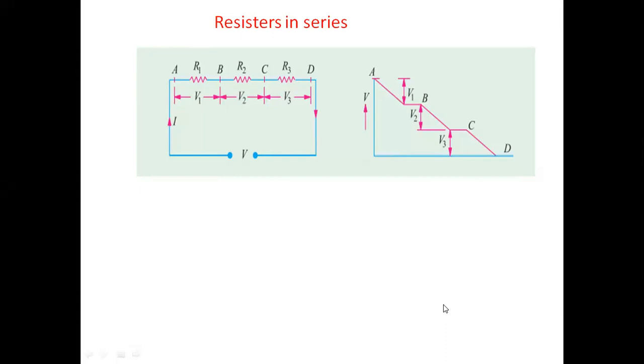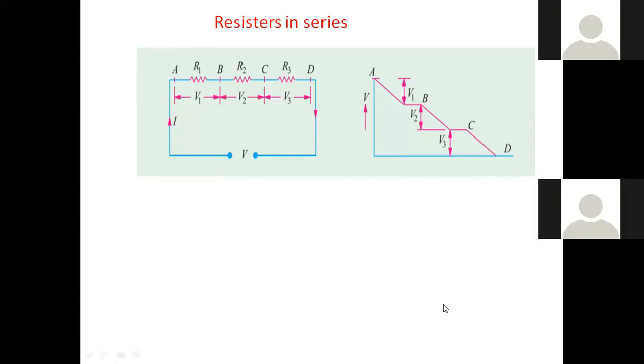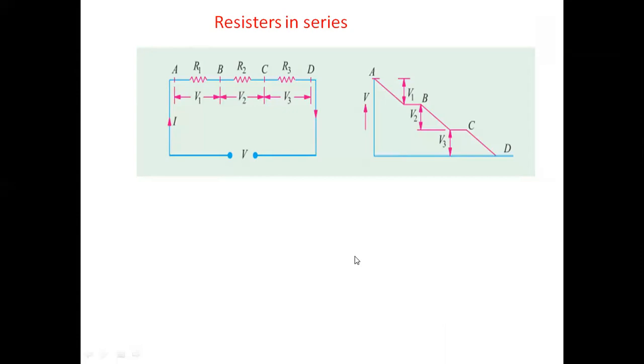In the previous class, we saw the statement of Ohm's law. The ratio of the potential difference across a resistor or a wire to the current through the resistor is a constant, when the temperature is maintained constant, at room temperature.